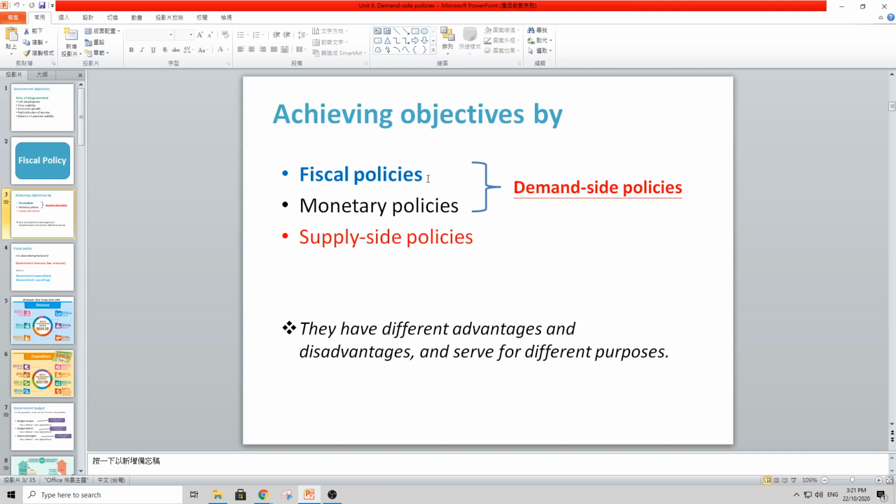And I remember last lesson Alex made a very good answer about why sometimes you would like to decrease the AD, because you want to stabilize the economy and reduce the inflation. That is very good. That is going to be part of what this policy is going to achieve.